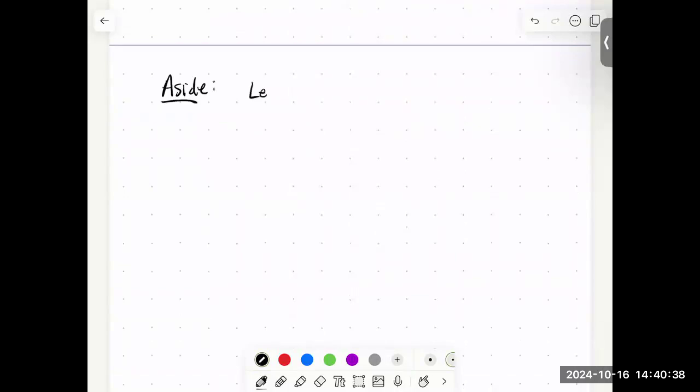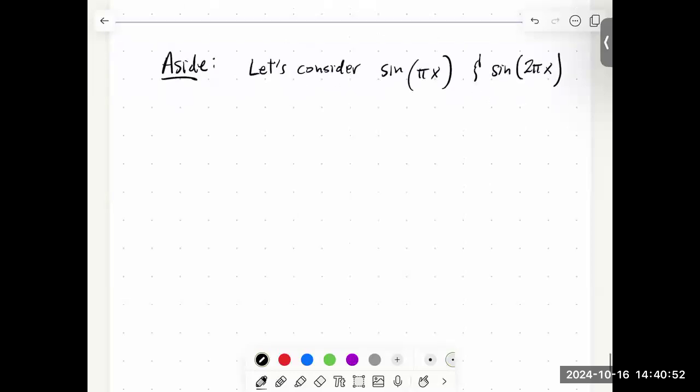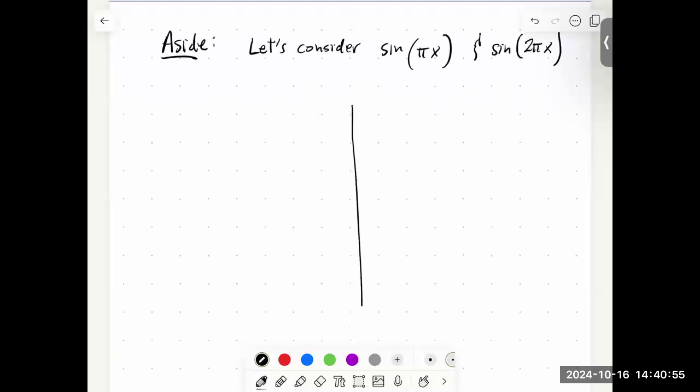So I'm going to start by, let's consider sine pi x and sine of 2 pi x. So what we'll do is we'll plot these functions. I'm going to plot them on the interval x is -1 to +1. Okay, so here's x.